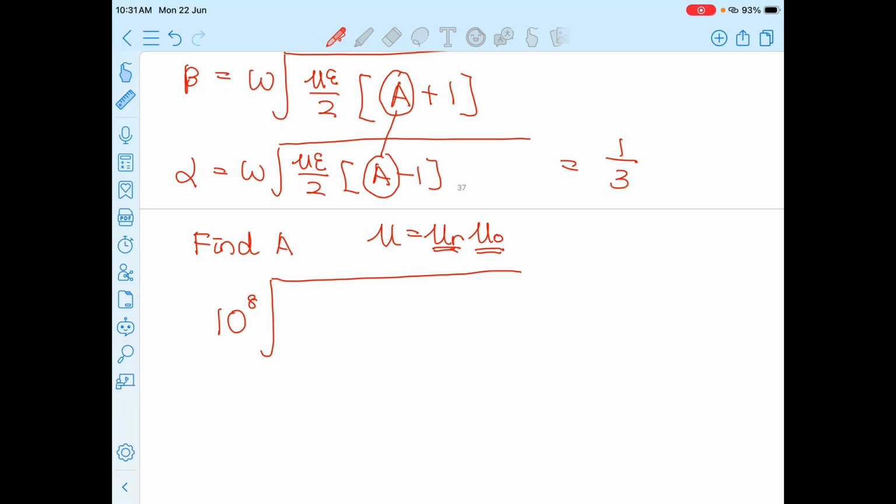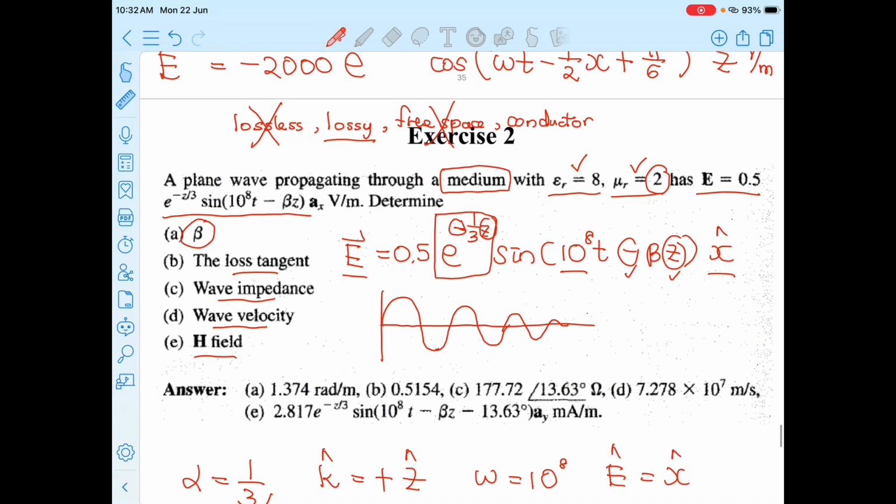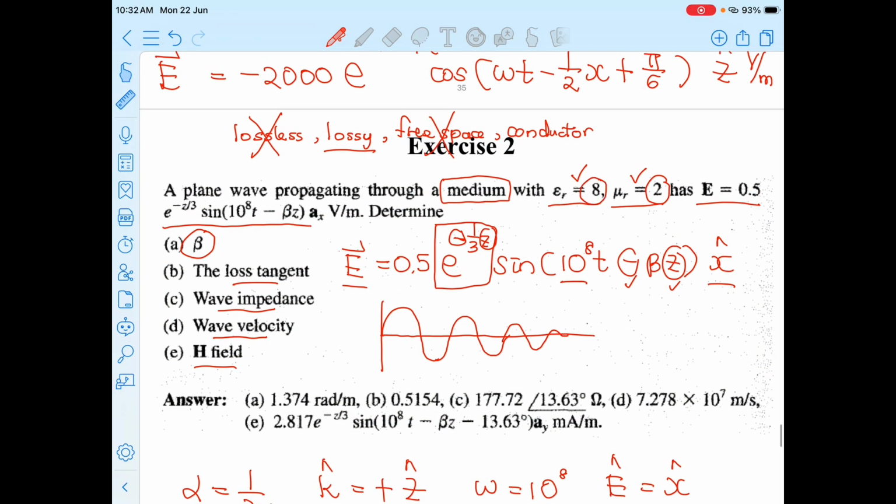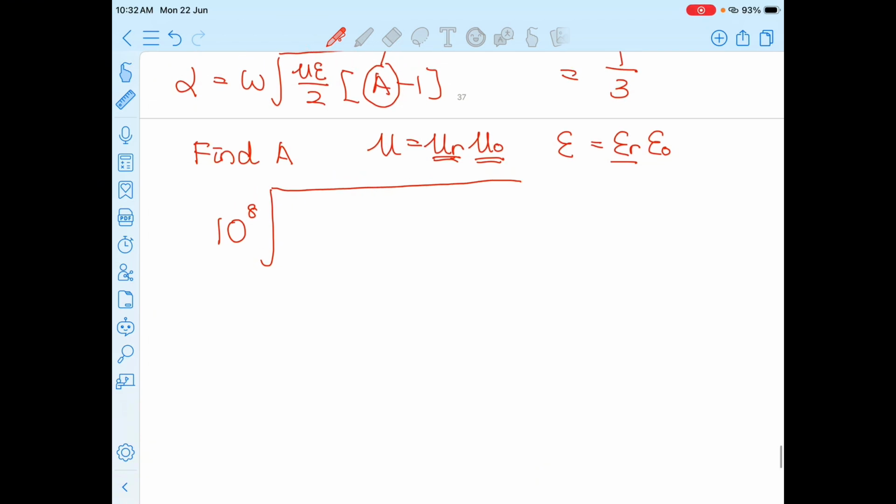You can get this value from a calculator. The same applies to the epsilon. It is equal to epsilon r multiplied by epsilon naught. So epsilon r is the relative permittivity, which is equal to 8, and the epsilon naught is the permittivity of free space.